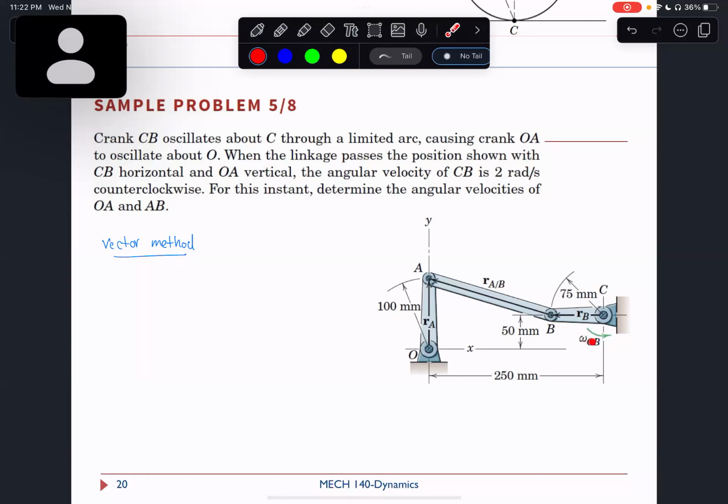Omega CB is 2 in the counterclockwise direction. For this instant shown, determine the angular velocities of OA and AB.